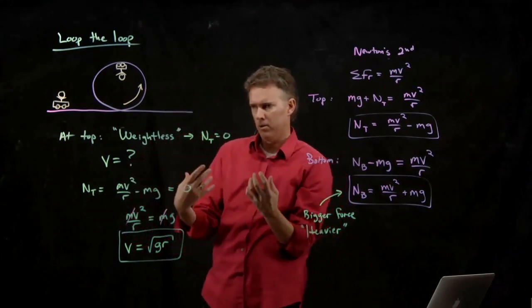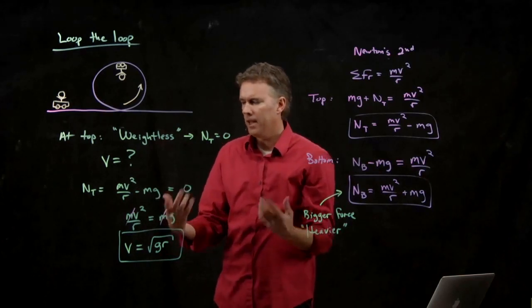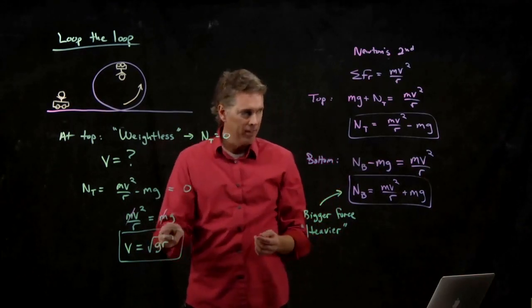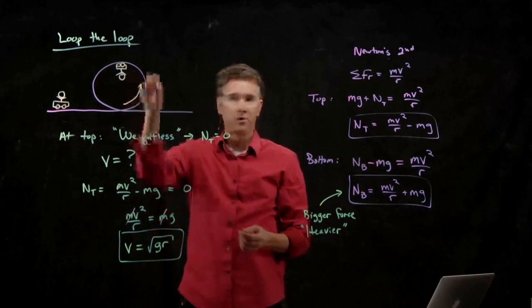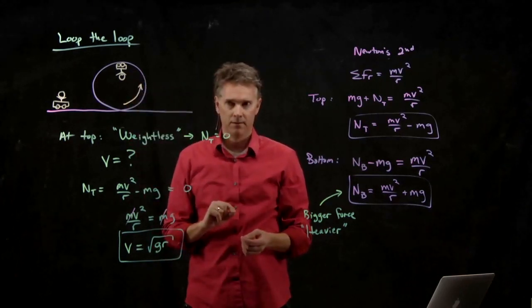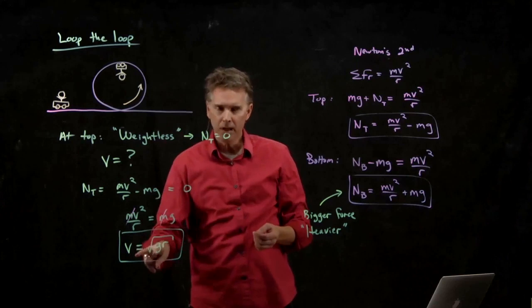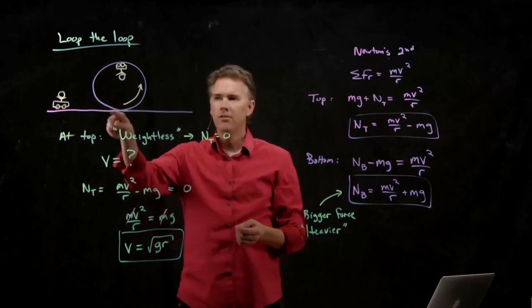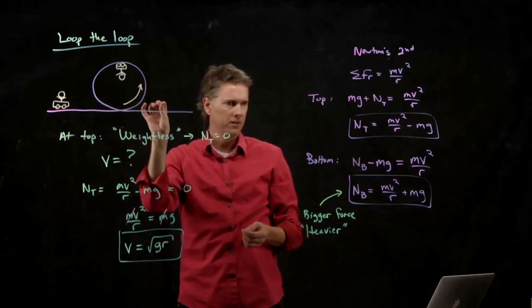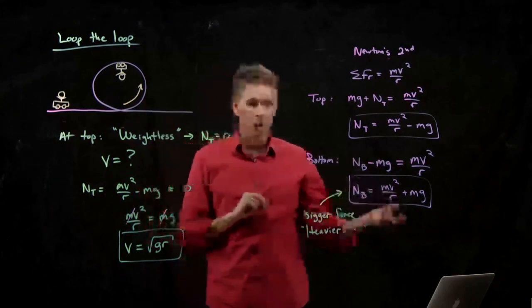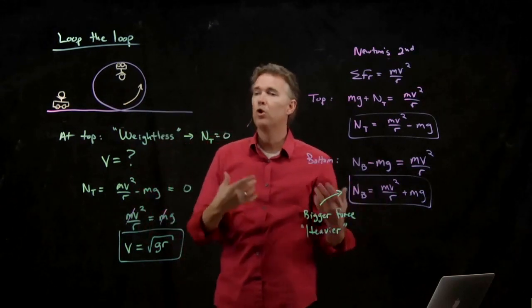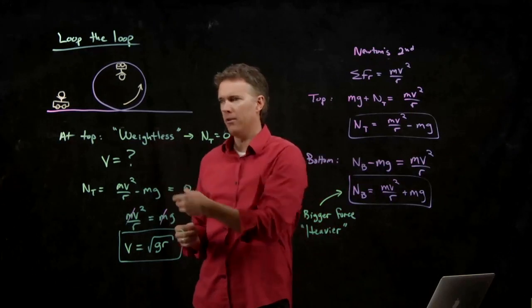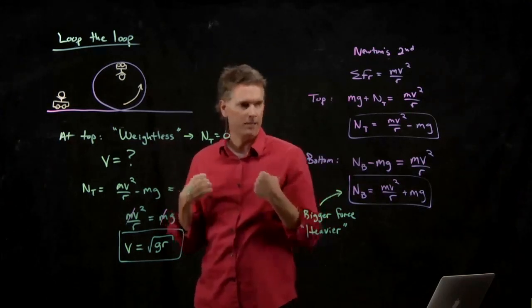Okay, and it gets a little bit more dangerous. In fact, at any speed less than this, you start to fall out of your seat. So this speed or higher is the speed that will keep you safely in your seat. So yes, you want to design the roller coaster such that people couldn't fall out and you're relying on that safety belt.